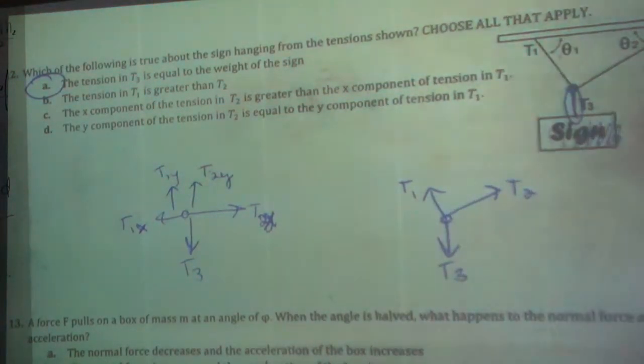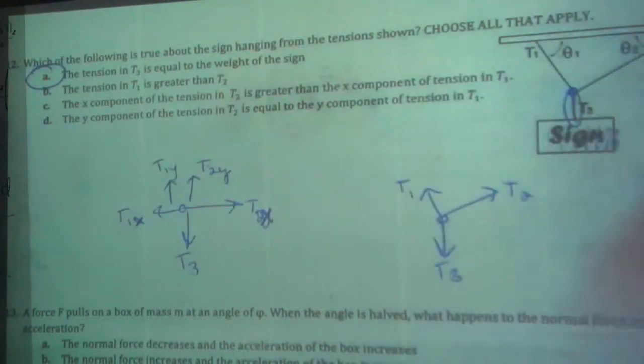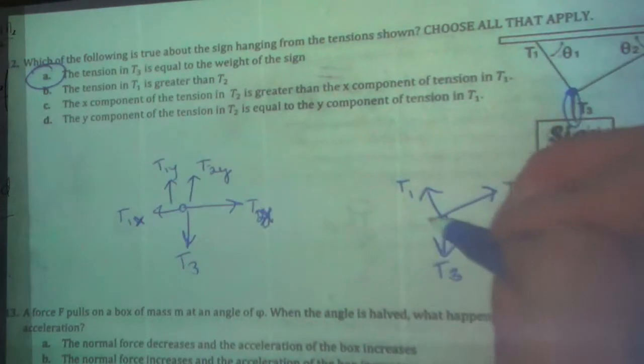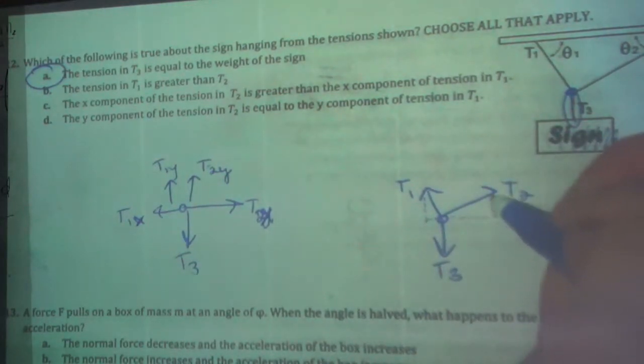Now, is it true that T1 is the greater force? How I like to think about it: T1 is mostly pulling up. It's only pulling to the side a very little bit. T2 is mostly pulling to the side. It's not pulling up quite as much.